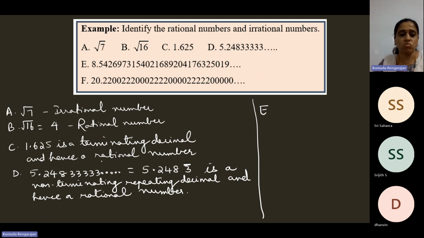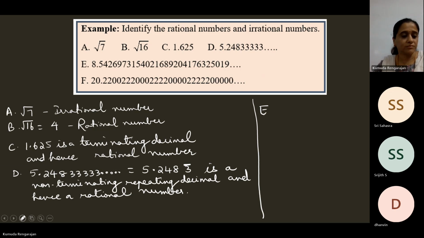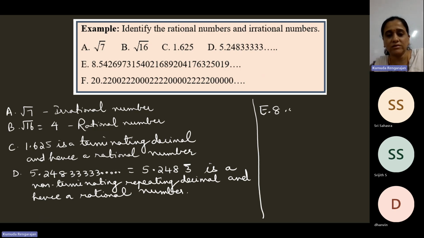Hence a rational number. Please write that number. Okay, I'll just write half of it. Complete that number, okay? 8.5426. Complete that number.